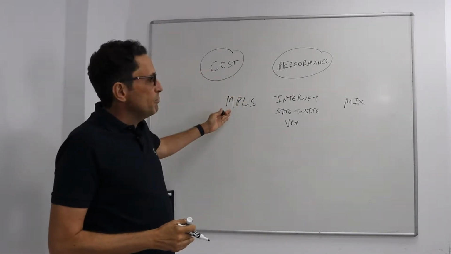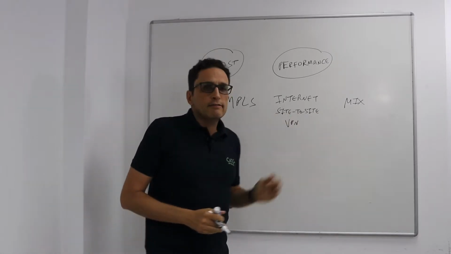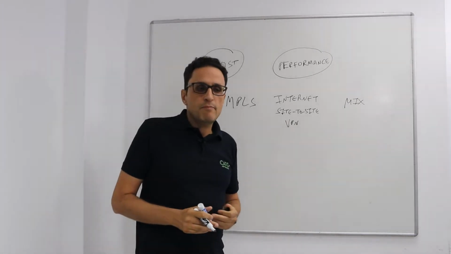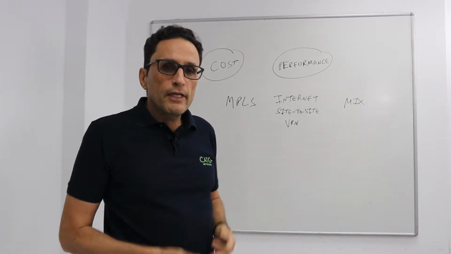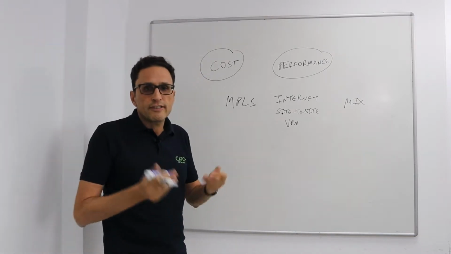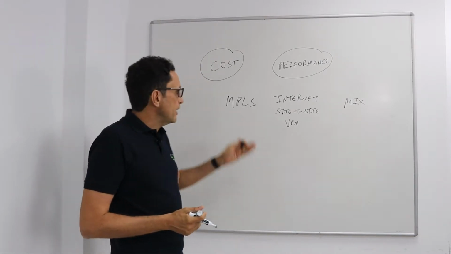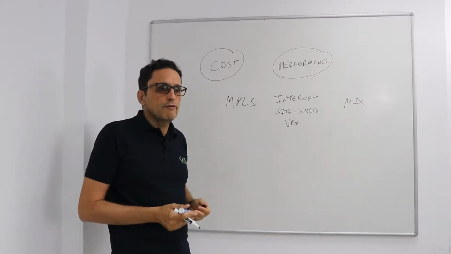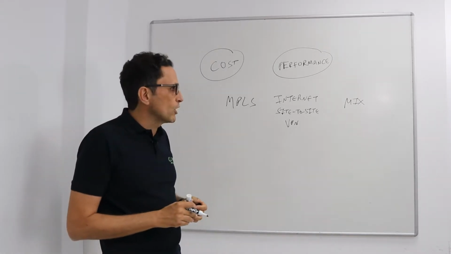Now, when you look at MPLS and internet, the main difference is that this option, the site-to-site VPN, is free. It's using the public internet, and it does not have a cost associated with it. And MPLS is a managed network, and it costs money, it's expensive, and this is a budget we can work with.